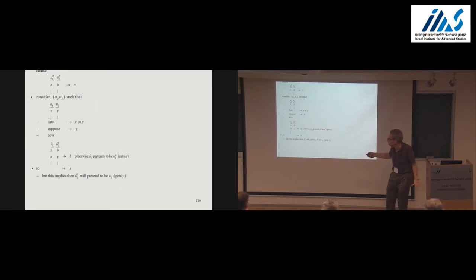So he wants to manipulate. So we've reached another contradiction, and that means that we can't have outcome Y here. It has to be X.